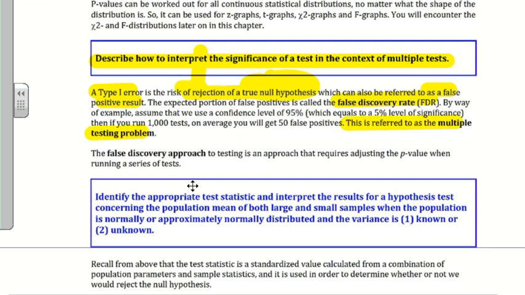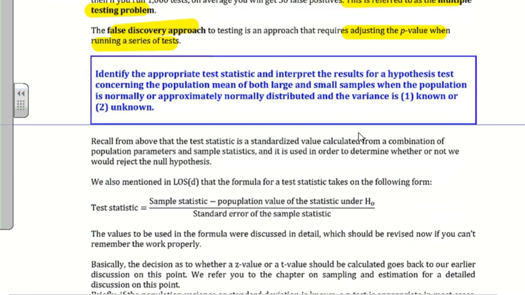The false discovery approach to testing is an approach that requires adjusting the p-value when we run a series of tests. And you can see over here, guys, what we have is the test statistic again.